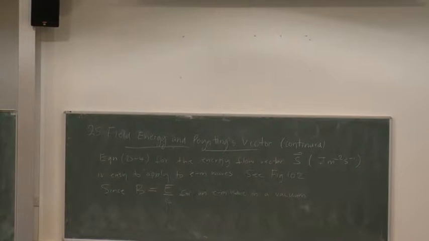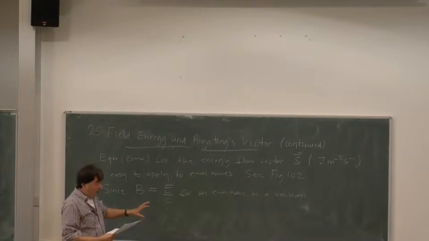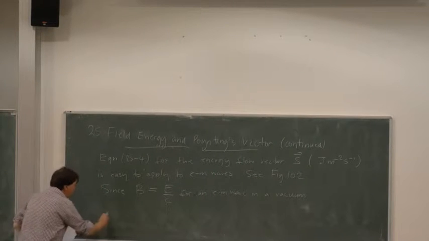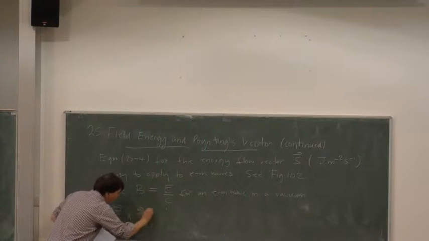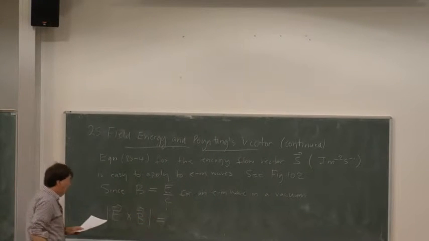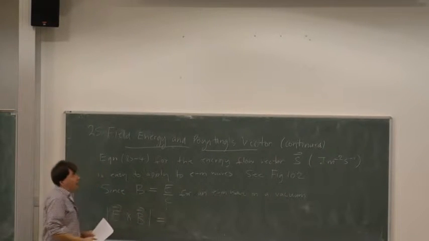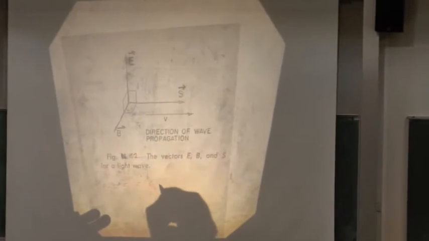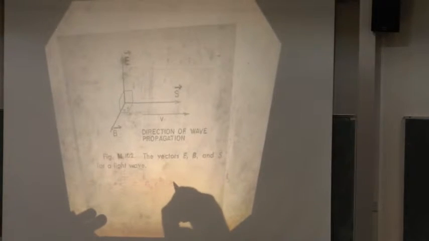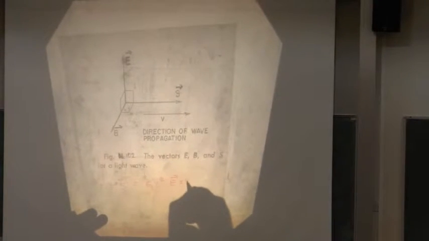We're going to continue to look at the vacuum, so we can write the magnitude of E cross B. In general we've got that S is equal to epsilon naught C squared E cross B.